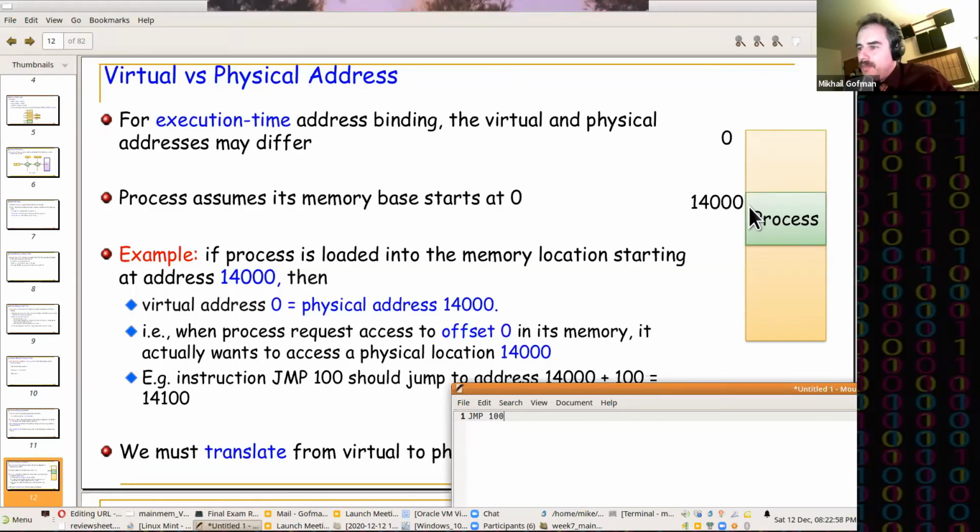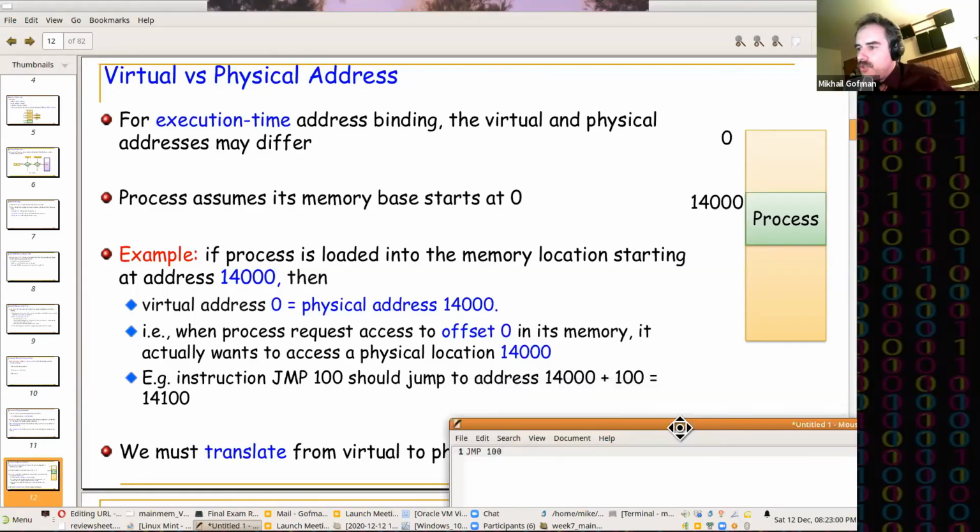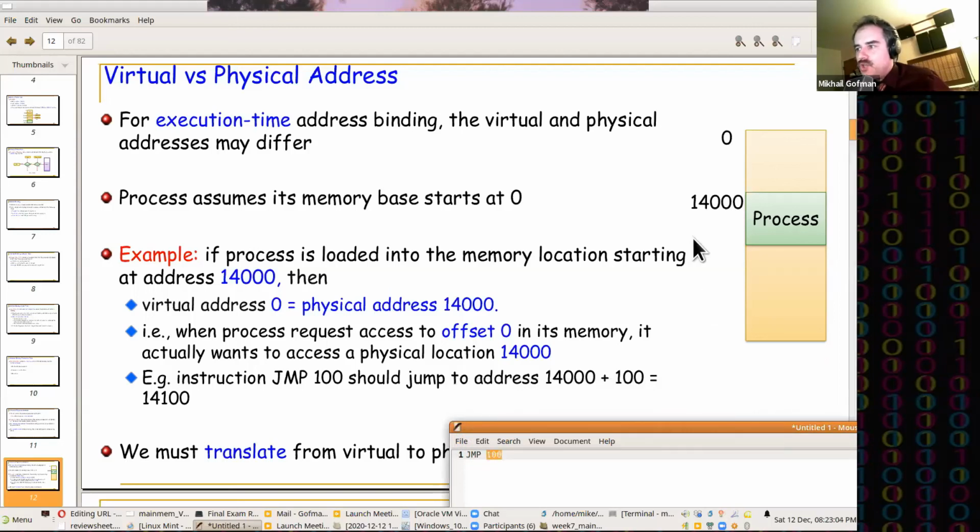So the memory management unit is going to translate the virtual address, which is 100, into the physical address by adding the virtual address of the process to the starting memory location of the process. So what is going to happen is that the virtual address of 100 will be translated to the physical address of 14,100.